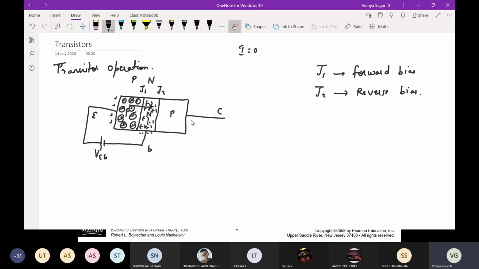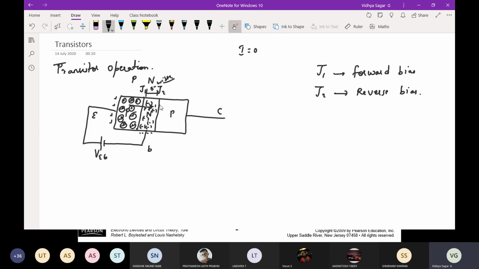There is a chance of recombination occurring, where the charge gets neutralized. In order to avoid recombination, the base region is defined as very small, so the base width of the device is small. If it is small enough, the possibility of recombination occurring will be less.